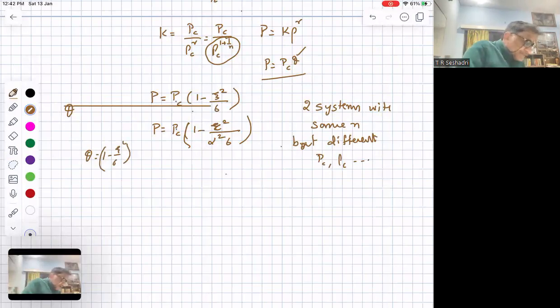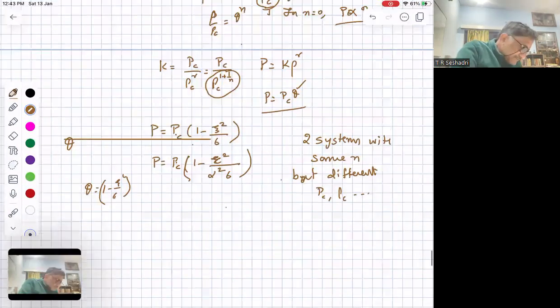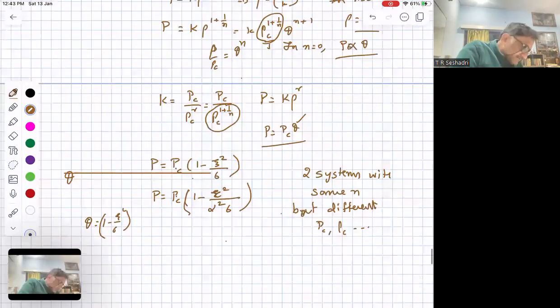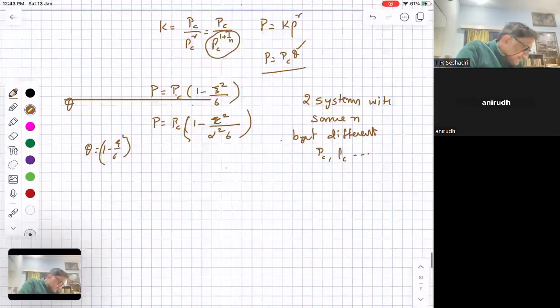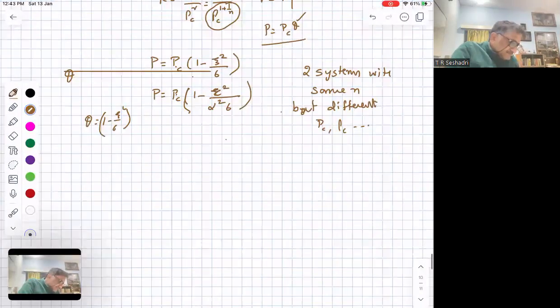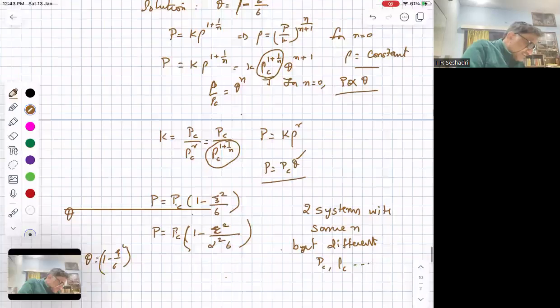So by using the appropriate PC and rho C, I can get the solution of both of them from here. This is the scaling thing which I was mentioning. Is that all right? Okay, so I'll give some examples of this. I will summarize all these things in the notes anyway.